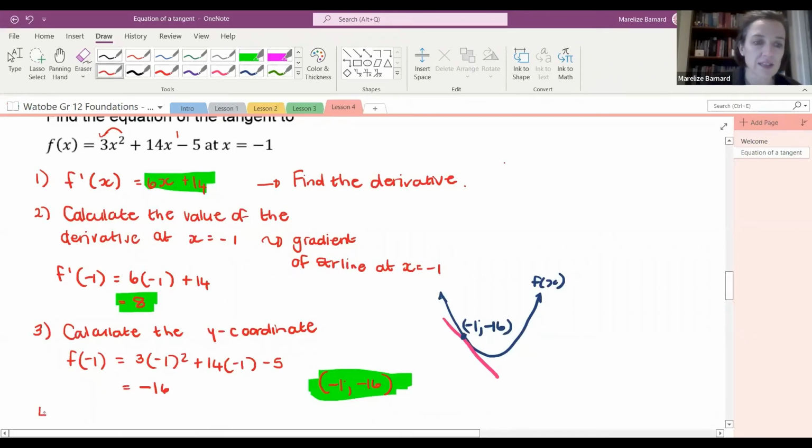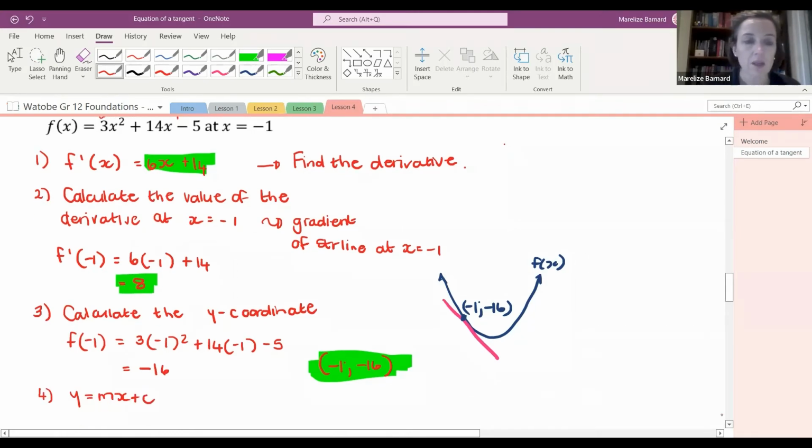Okay, and then lastly, determine the equation. So y equals mx plus c for a straight line, as we know. We calculated our gradient. That's this number here, 8. So we can replace our gradient with an 8, because the value of the derivative at that point is 8.